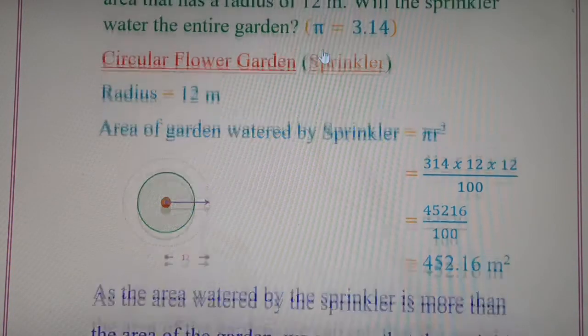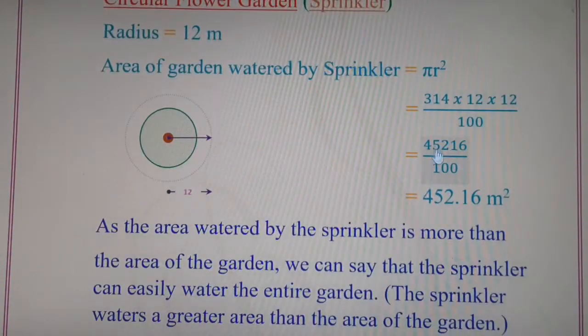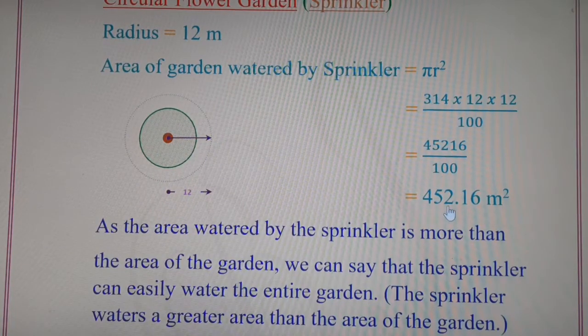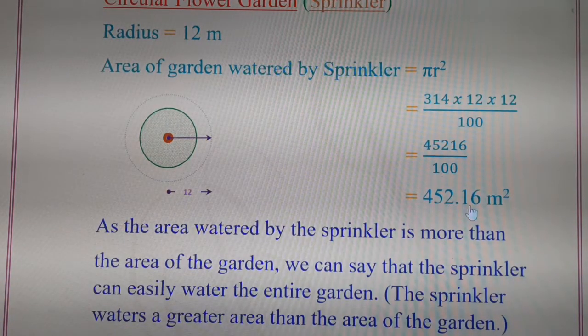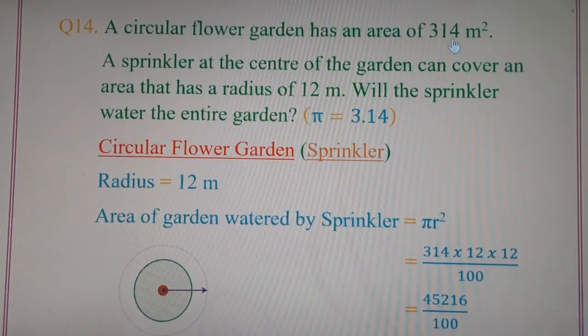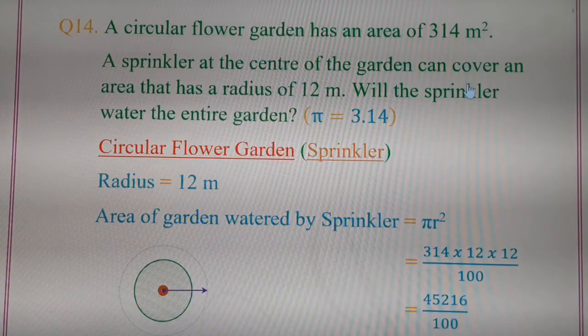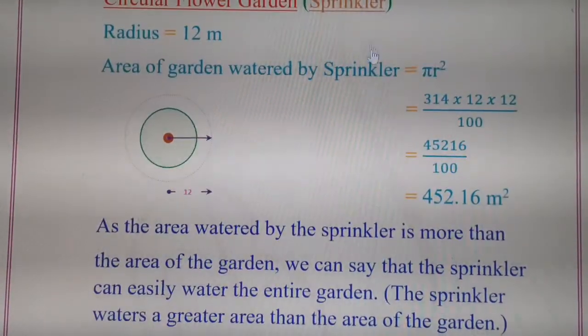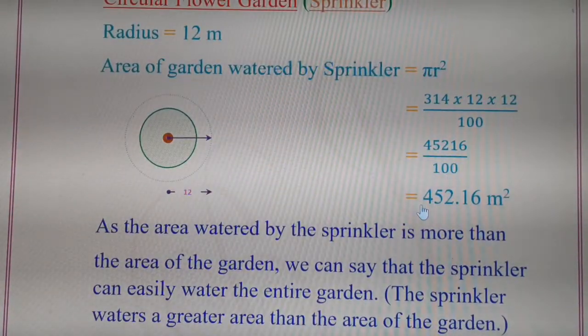However, the area of the garden is given as 314. The area of the garden is only 314, while the sprinkler can water a larger area, 452. 452 is greater than 314 meter square. The garden area is only 314 meter square, while the sprinkler can water a surface area of 452.16 meter square.